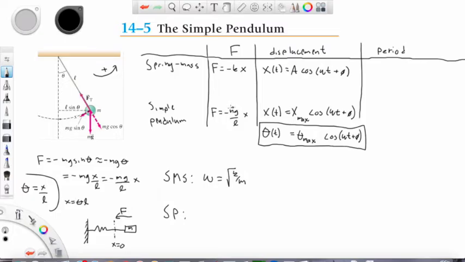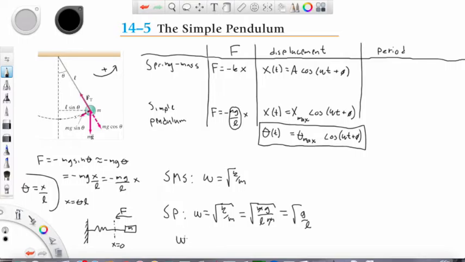In our simple pendulum case it's mg over L. So the omega must be of the same form, square root of k over m, where k is now mg over L. So we get mg over L and then the m. The m's cancel. We get the square root of g over L.